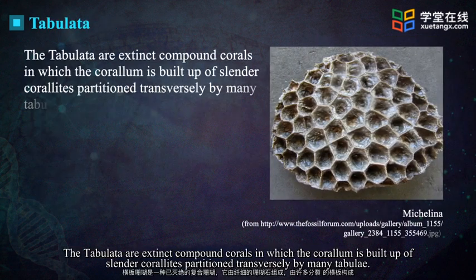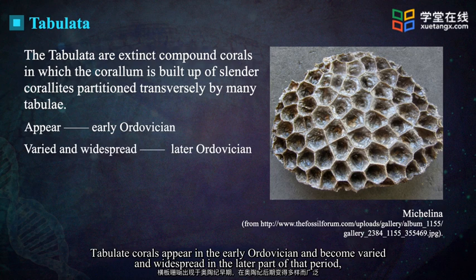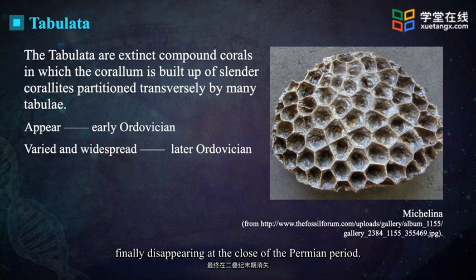The tabulata are extinct compound corals in which the corallum is built up of slender corallites partitioned transversely by many tabulae. Tabulate corals appear in the early Ordovician and became varied and widespread in the latter part of that period, finally disappearing at the close of the Permian period.